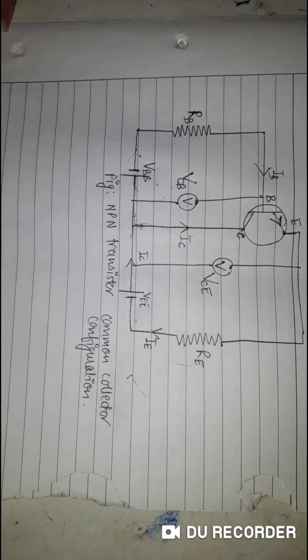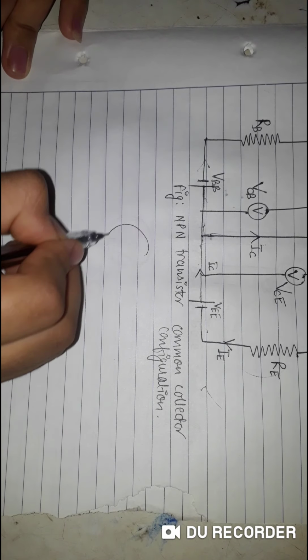Now for PNP transistor, we'll follow the same thing, just reverse everything. Here we go. Here the emitter current is going outward, so in case of PNP transistor, the emitter current will come inward, and except for that everything must be same.